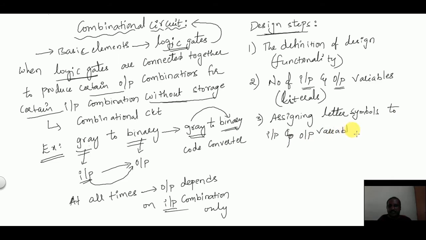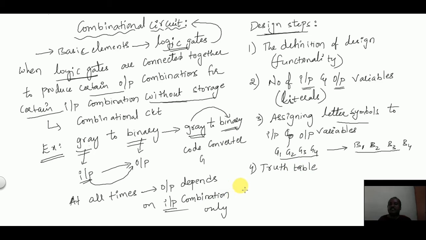Assign some letter symbols like A, B, C, D. If you are designing gray to binary conversion, we'll use G1, G2, G3, G4, a 4-bit gray code, which is converted into a 4-bit binary code B1, B2, B3 and B4. This type of assigning is called assigning the letter symbols, which is the third step in designing the combinational circuit.